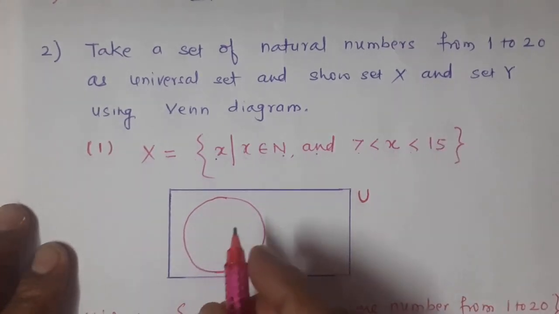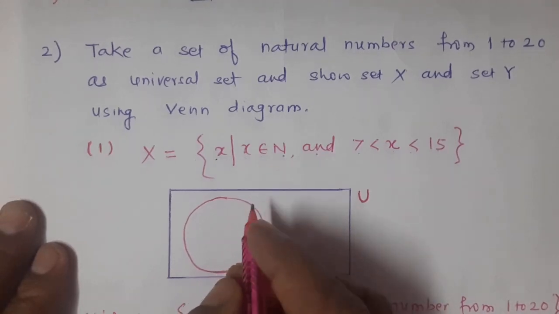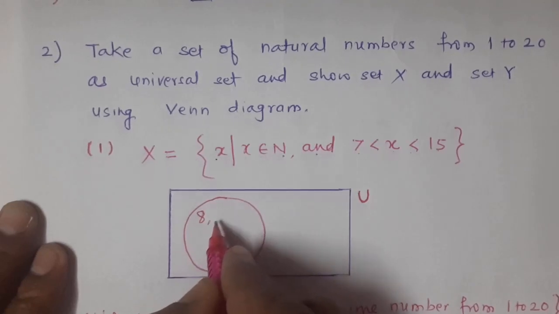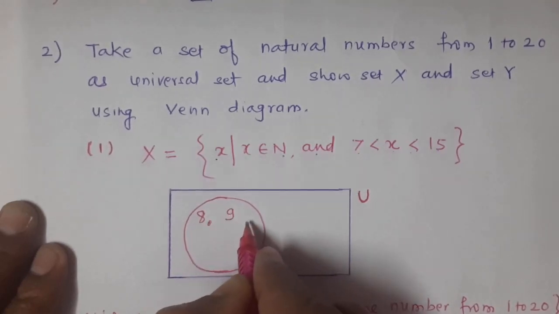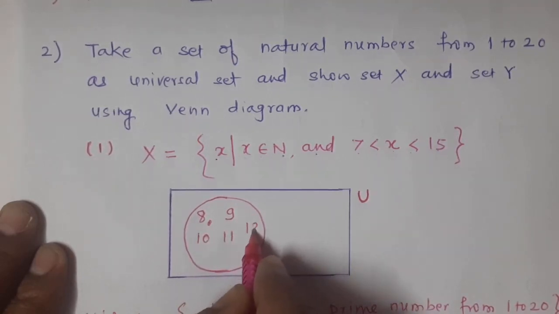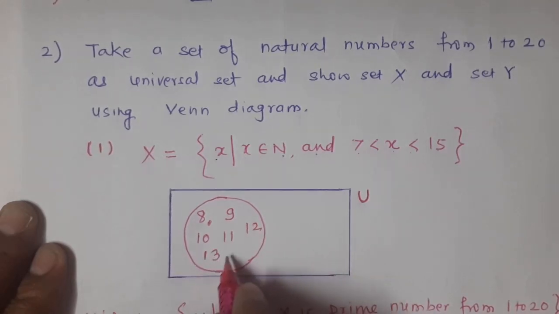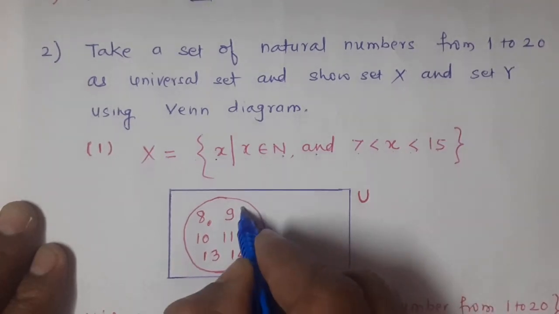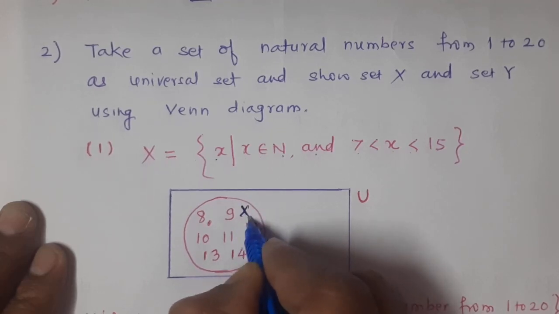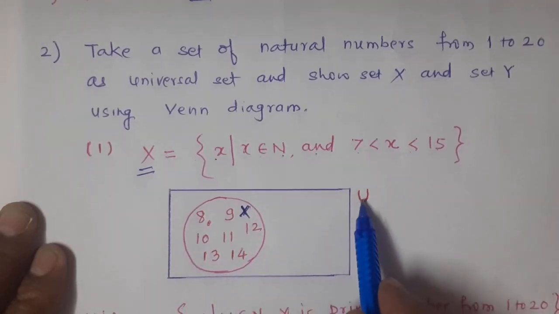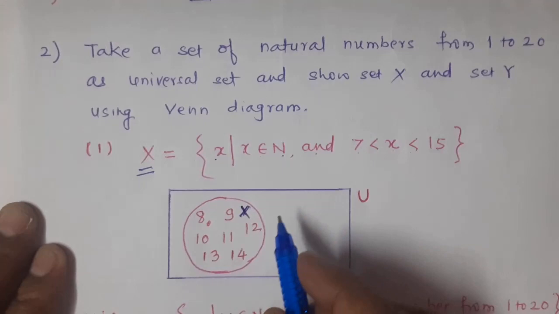So I can write in this rounded bracket 8, 9, 10, 11, 12, 13 and 14. I am representing this as X, as it is given over here. And you know that this is the universal set which comprises of natural numbers from 1 to 20.